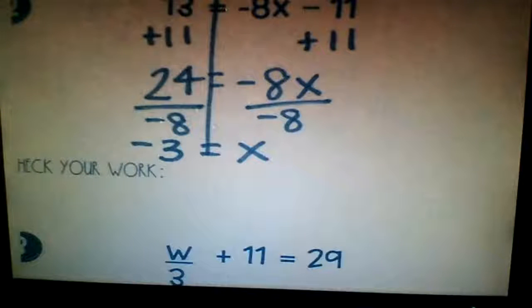It said minus 11, so I brought that over. Equal sign, and moved what's on the left to the right. And guess what? I still add 11. I still get negative 8x equals 24. I divide by negative 8. And I still get x equals negative 3. Doesn't change it. If you prefer the x on the left, switch it. That's okay.